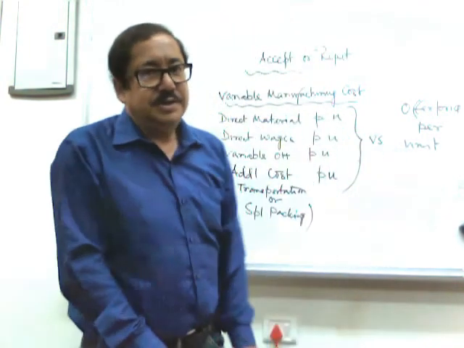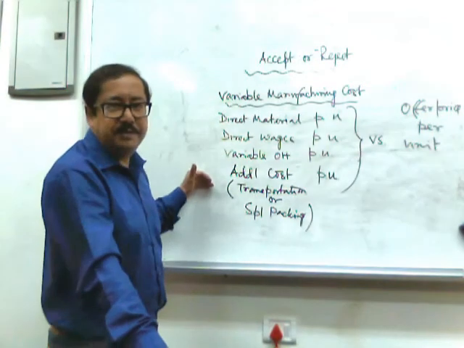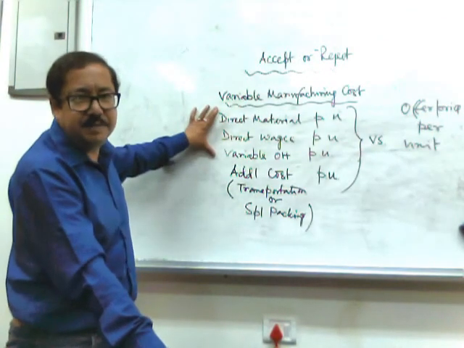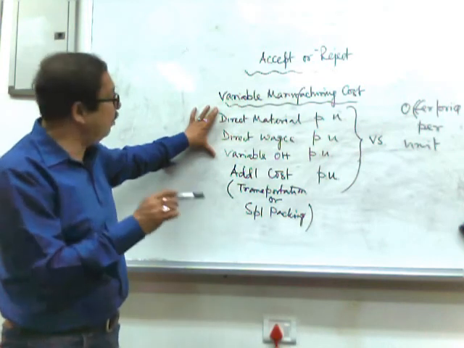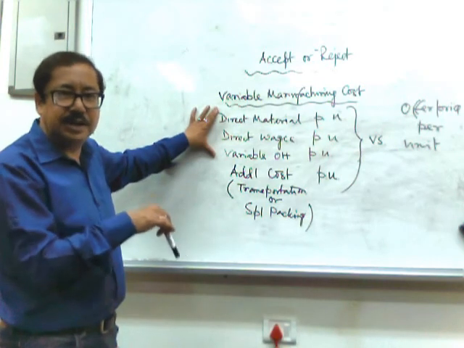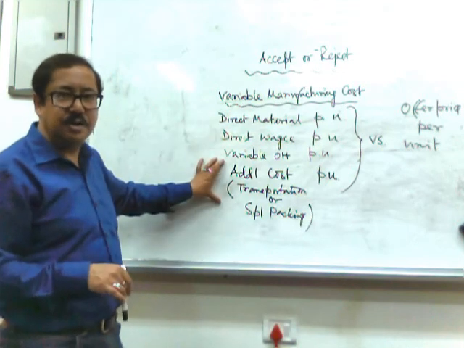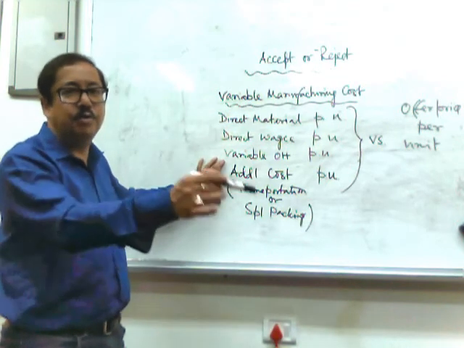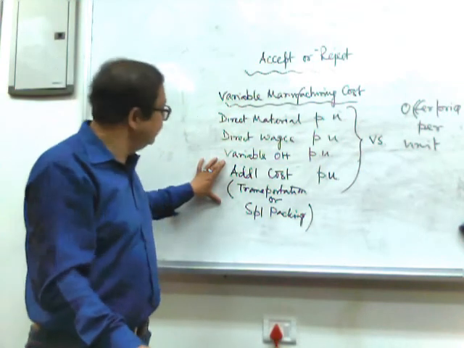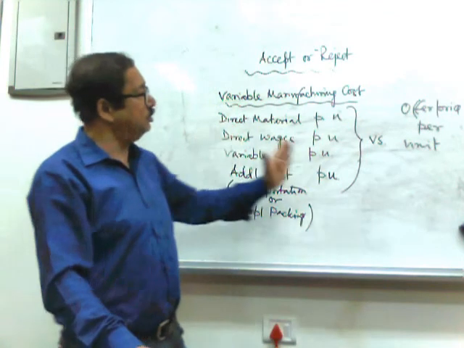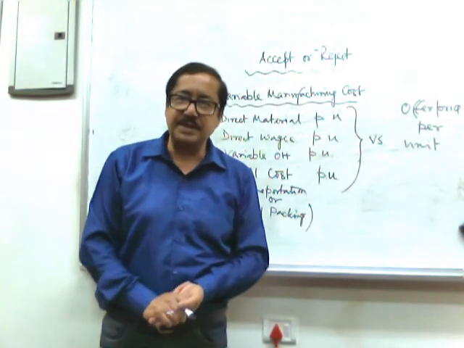So this is the new variable manufacturing cost: the same cost we are incurring in the home market, plus the additional cost we need to incur if we go for the foreign market. Now this total is the total variable cost which will be compared with the offer price.